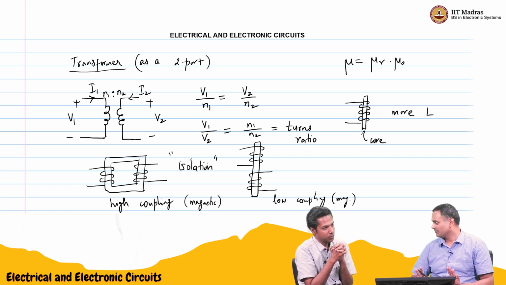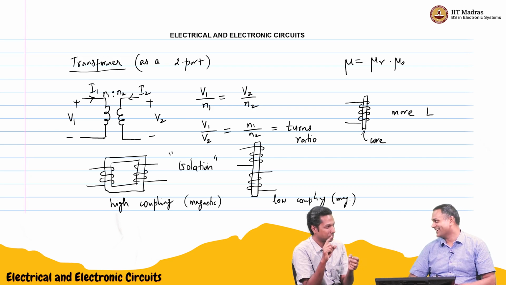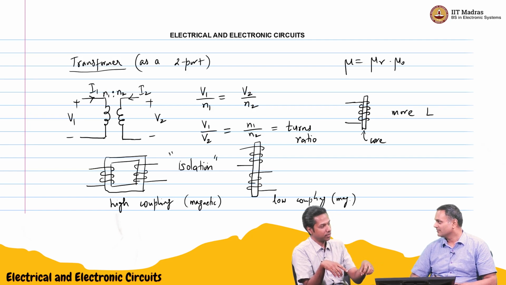That is true. In fact, there is something called MMF, magnetomotive force, which is just current into number of turns. So in the case of a transformer, the ampere turns will also be constant, right?